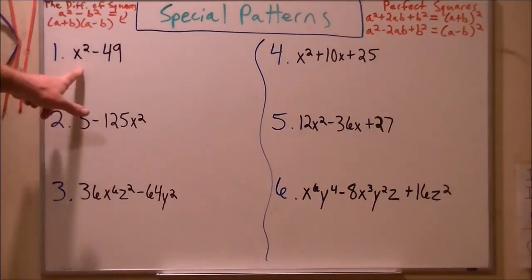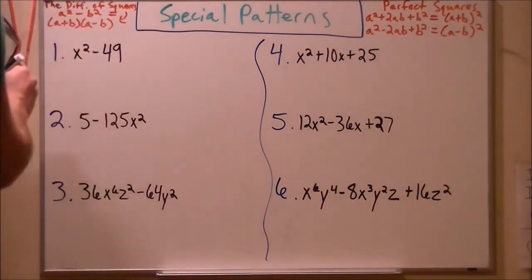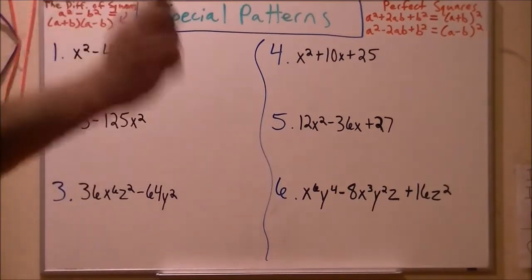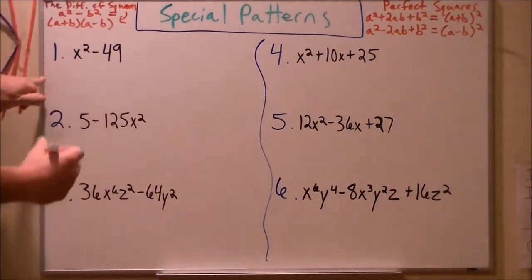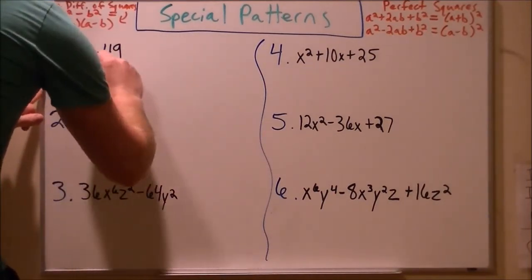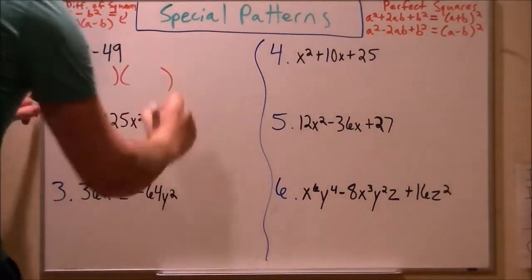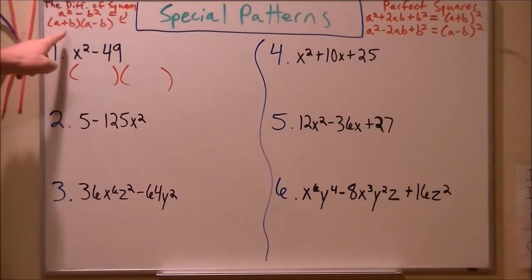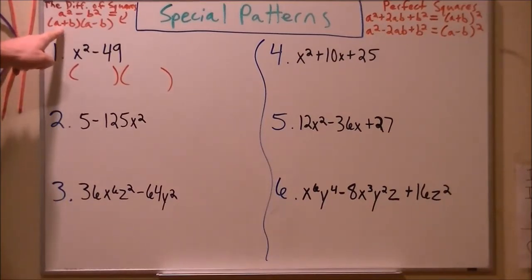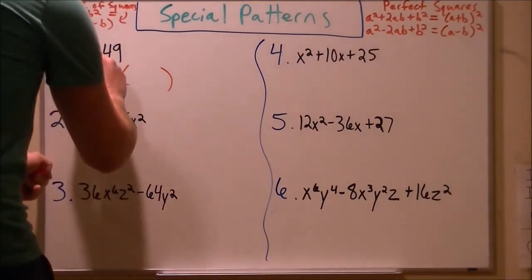And so from x squared minus 49, what I'm going to do, and I made this mistake yesterday, I don't intend to make it twice, I'm going to change colors here so that it shows up a little bit better. And what I'm going to go ahead and do is put two parentheses, and in those parentheses, we are going to have our A term, which is x.